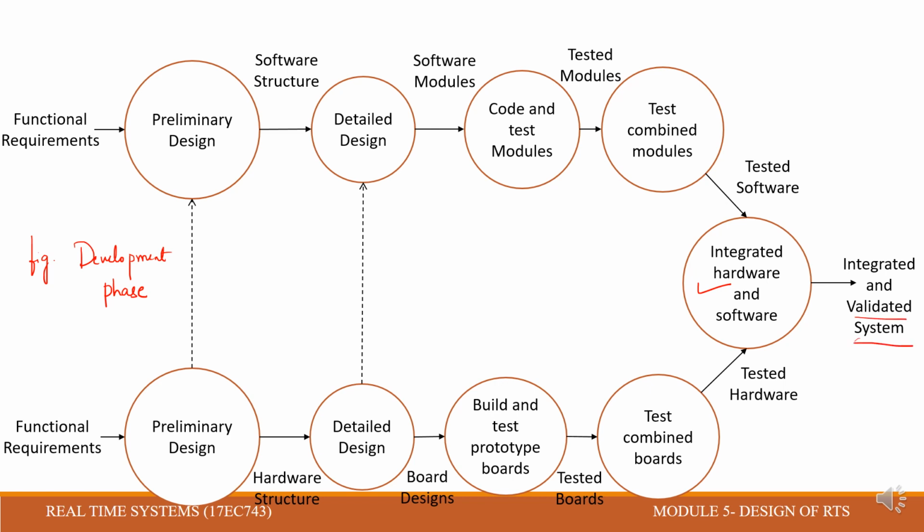To arrive at it, separate software planning and separate hardware planning are needed to get the integrated hardware and software, which we call a validated system. This is a basic diagram to understand the development phase in designing a real-time system.